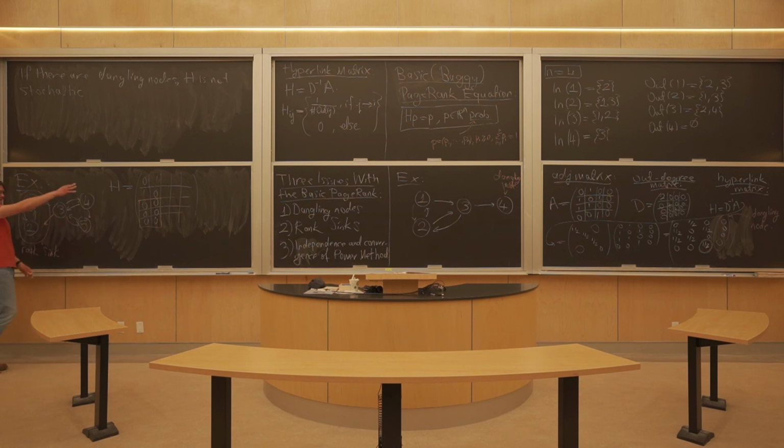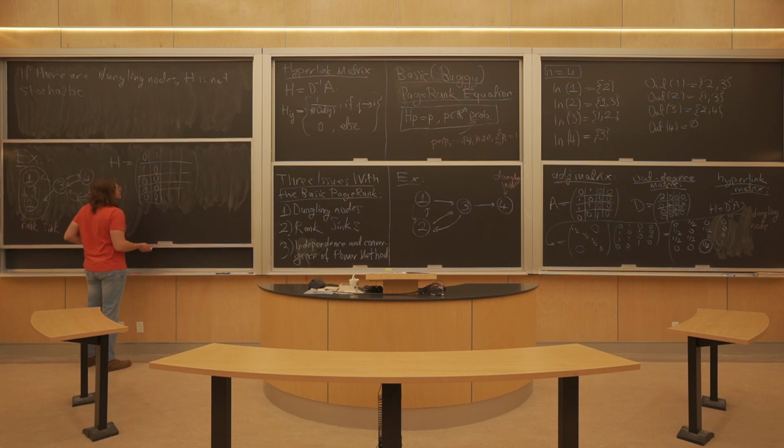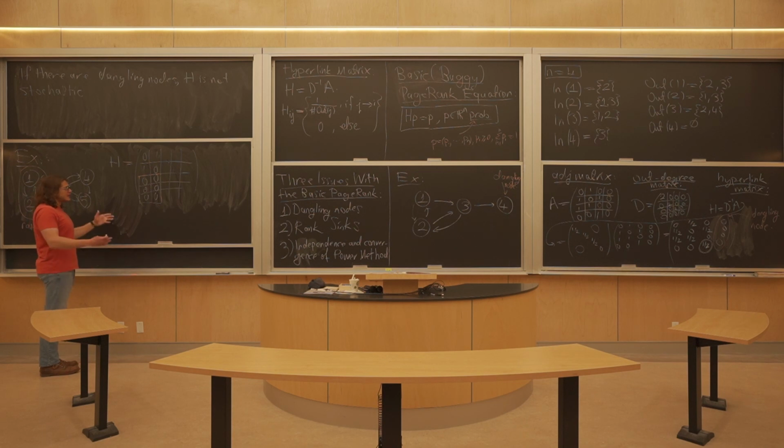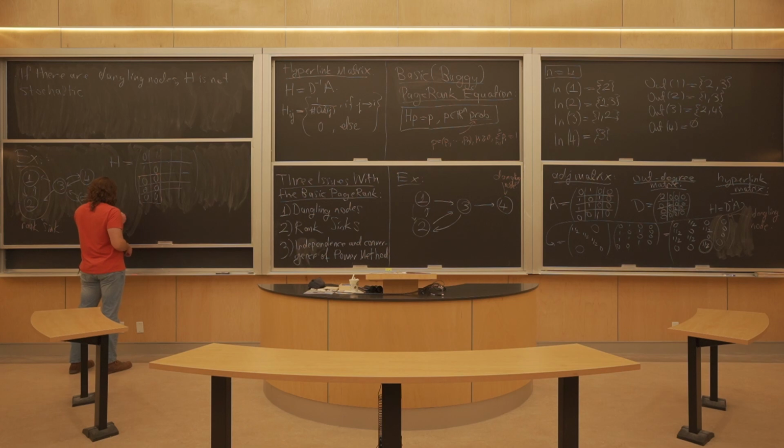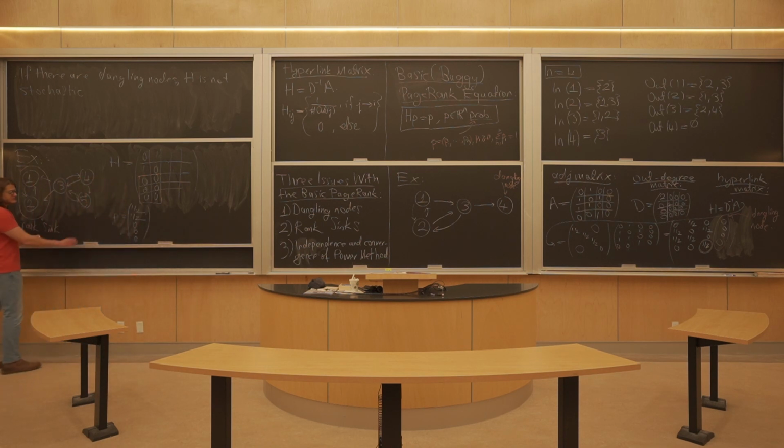We can complete this hyperlink matrix. That is not really an issue. From this, you can immediately see that 1 over 2, 1 over 2, and then the rest zeros is going to be a PageRank vector. So P equals this. This is going to be a PageRank vector.